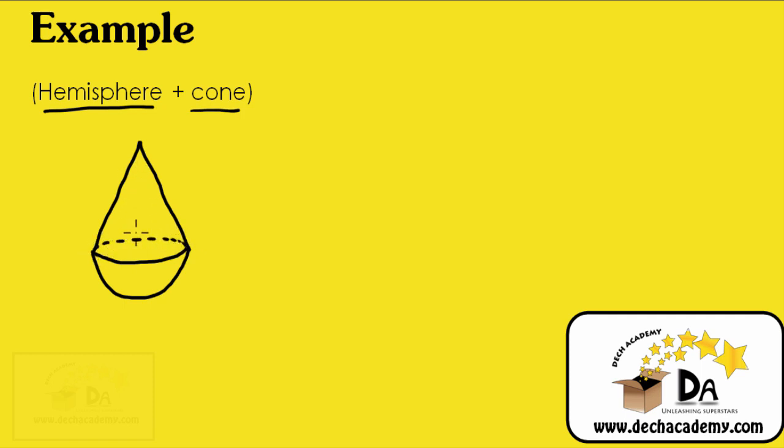What we have is a cone at the top and a hemisphere at the bottom. So we have a compound shape made up of a cone and a hemisphere. The volume of the compound shape is equal to the volume of the cone plus the volume of the hemisphere.